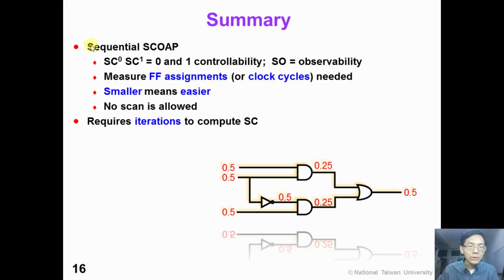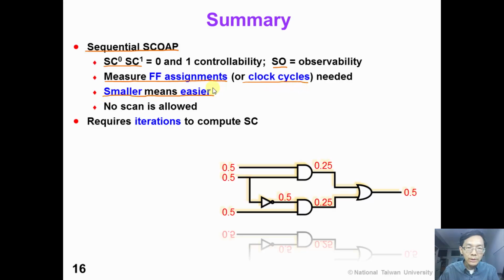In summary, in this video we have introduced the sequential scope testability measure. We introduced sequential controllability and sequential observability. They represent the number of flip-flop assignments or clock cycles needed to control or observe signals.